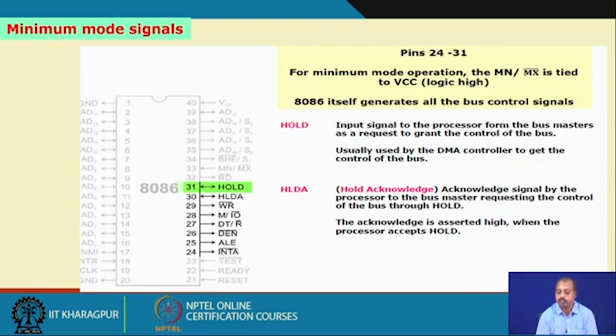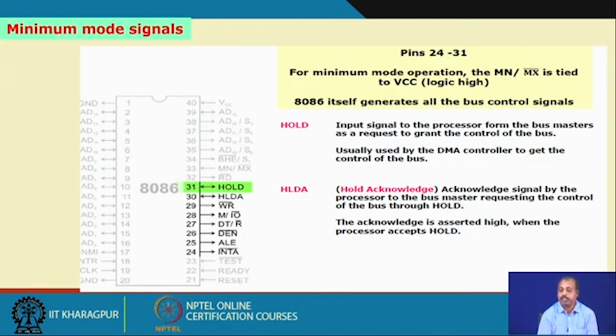Hold acknowledge is an acknowledgement signal given by the processor to the bus master to which this hold has come. When it is done with releasing the buses, that is, it has released the control of the address and data bus, then this hold acknowledge line will be activated, so that the requesting master will know that the buses are now free for its use.